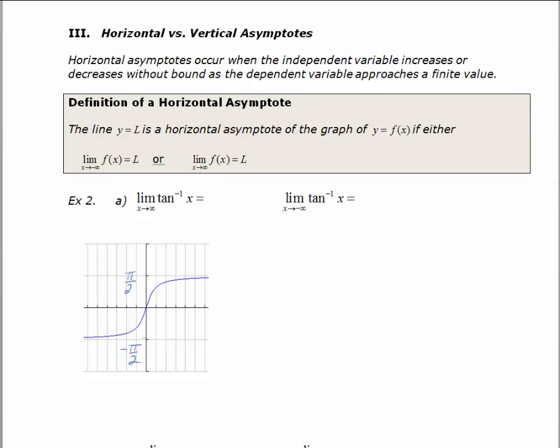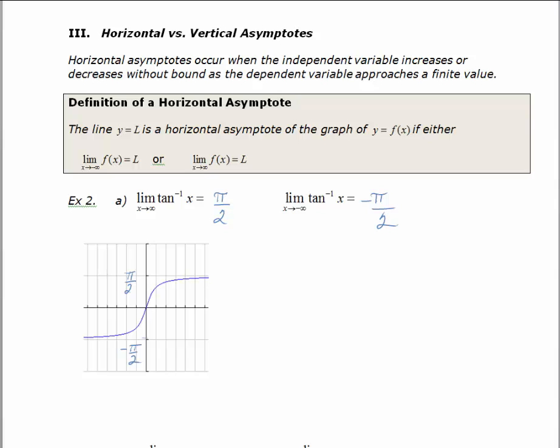And so the limit as x approaches infinity of the inverse tan function is pi over 2. As x approaches negative infinity, the y values are approaching negative pi over 2. And so the limit would be negative pi over 2.